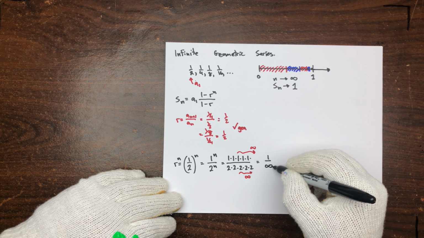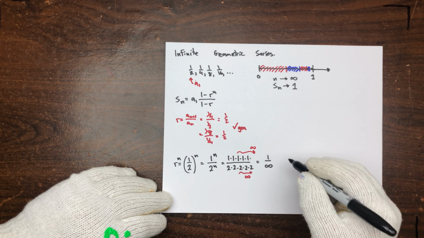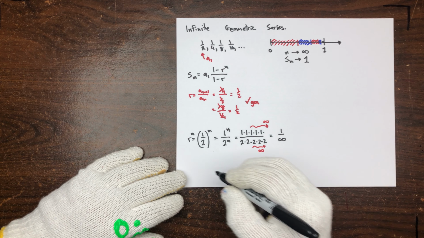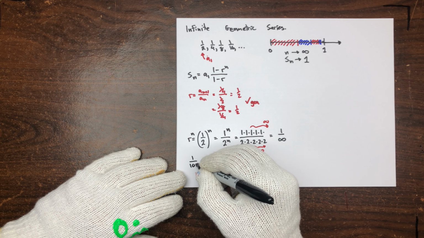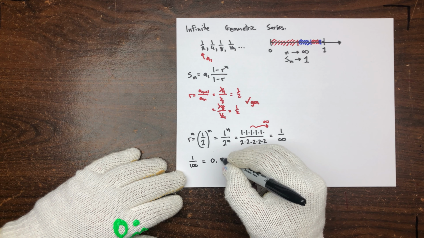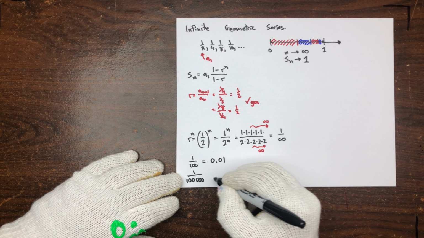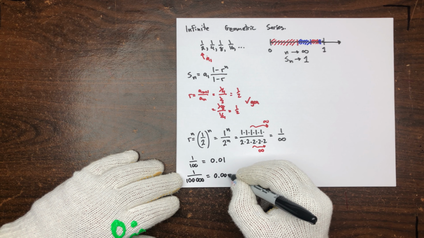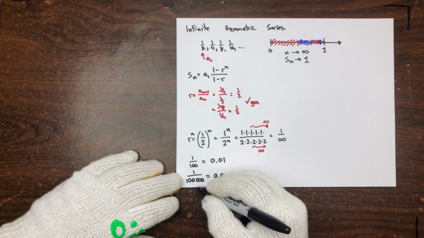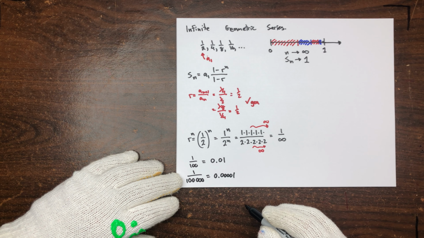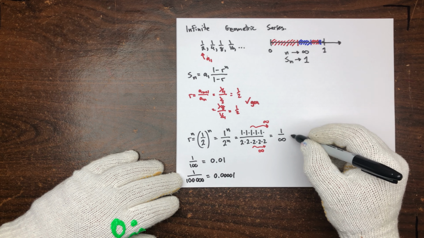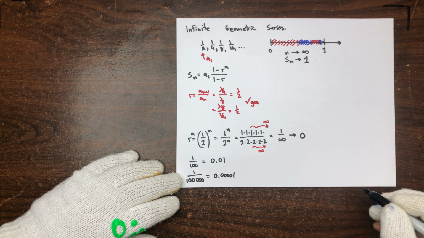And for this value right here, let's just put some numbers in to prove it to ourselves. If you put 1 over 100 in your calculator, you'll get 0.01. And if you put 1 over 100,000, you'll get 0.00001. And if you keep on going, you'll see this number gets smaller and smaller and smaller. If you put 1 over infinity, this is going to approach 0.